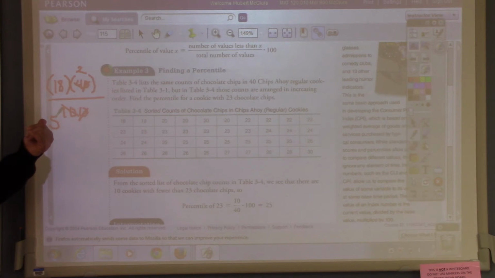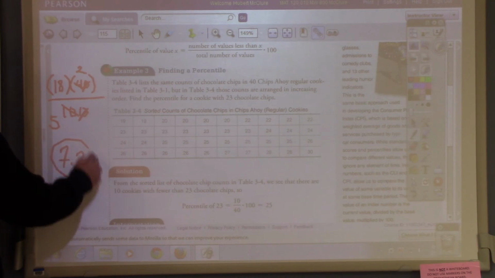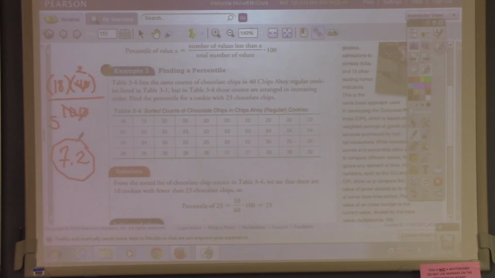What's the answer? 7.2. You do not need a calculator for that problem. If you have to use a calculator for that problem, you need to work on it. You do not need a calculator for this.